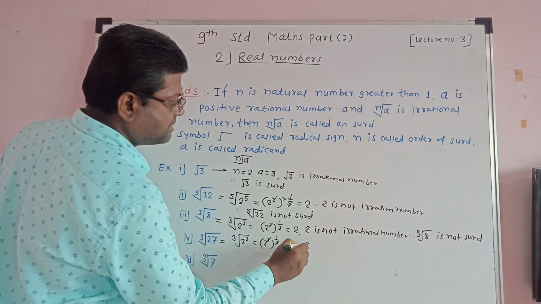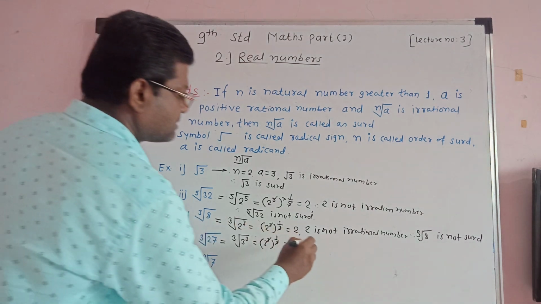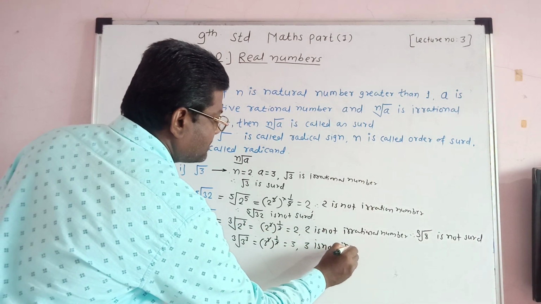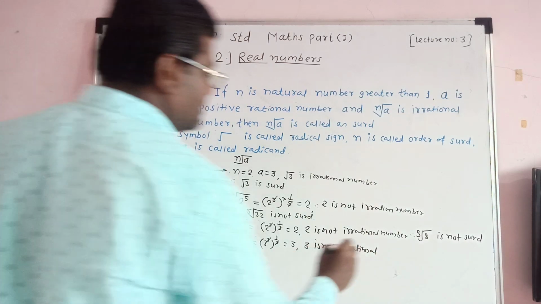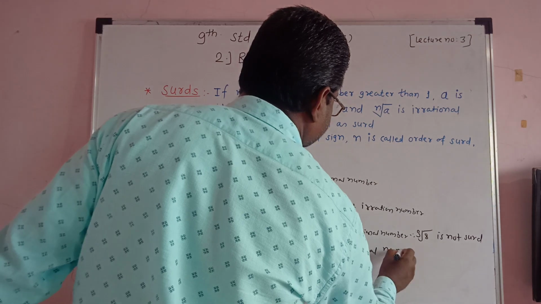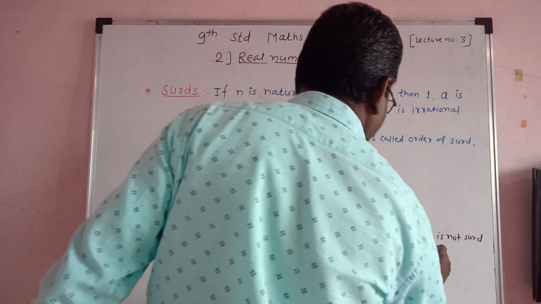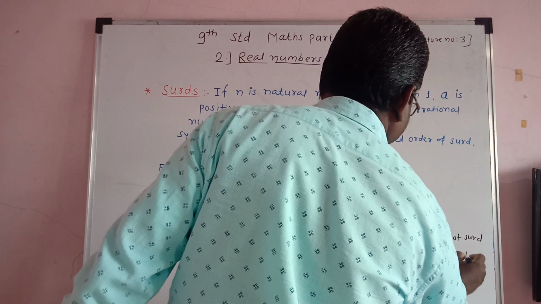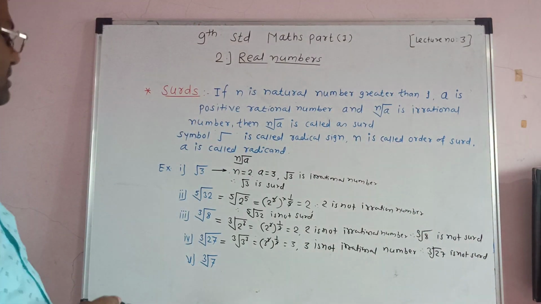But 3 is a rational number, it is not an irrational number. Therefore cube root of 27 is not a surd.